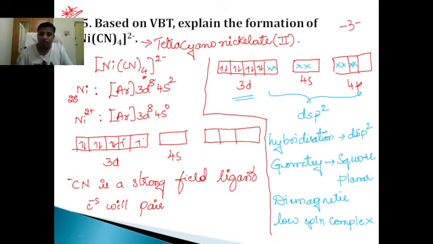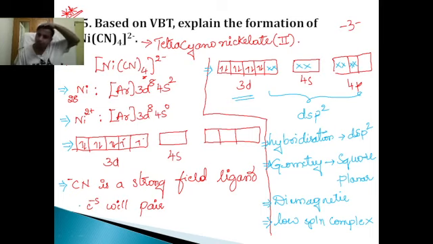Correct? So if you write all these different steps, following one by one, and all these different points, you'll get the complete 3 marks. Got it? That's it.